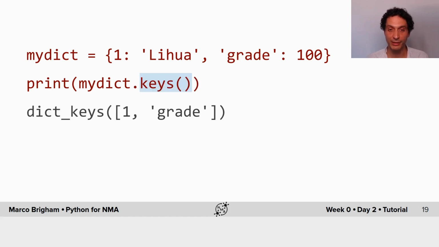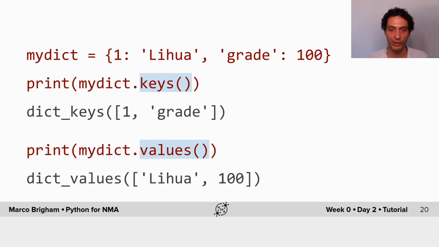If I want to see the list of keys from my dictionary, then I use .keys, and if I want to see the list of values, I use .values. However, notice that the return of my print is indicating that we don't have a list, we have actually dictionary keys and dictionary values.